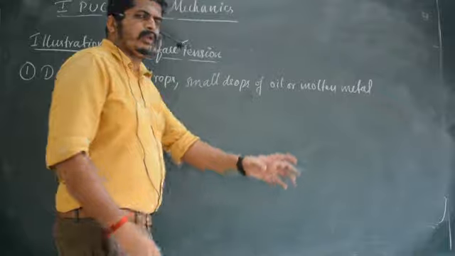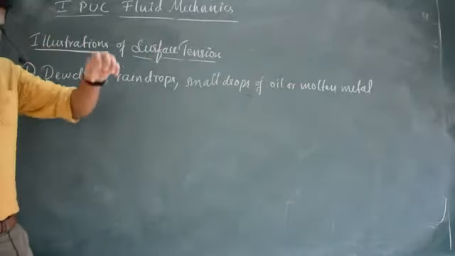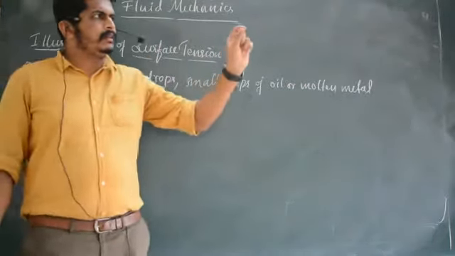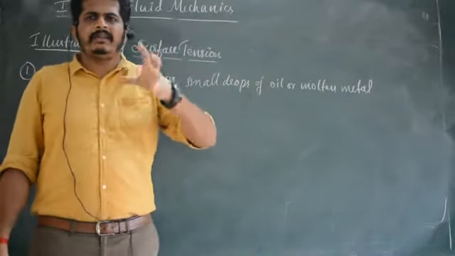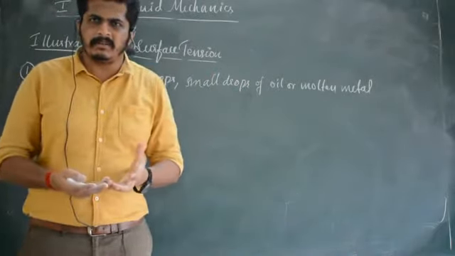All these will attain what? Spherical shape, correct? Once it starts raining, the water drops will always be spherical in shape, correct?